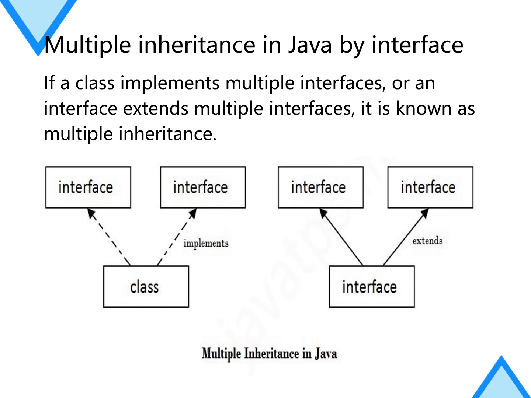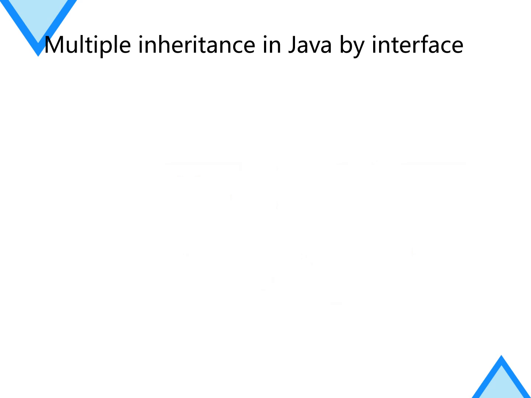We can have a single class implementing two interfaces, and we can have two interfaces extended from a single interface. Multiple inheritance example in Java.